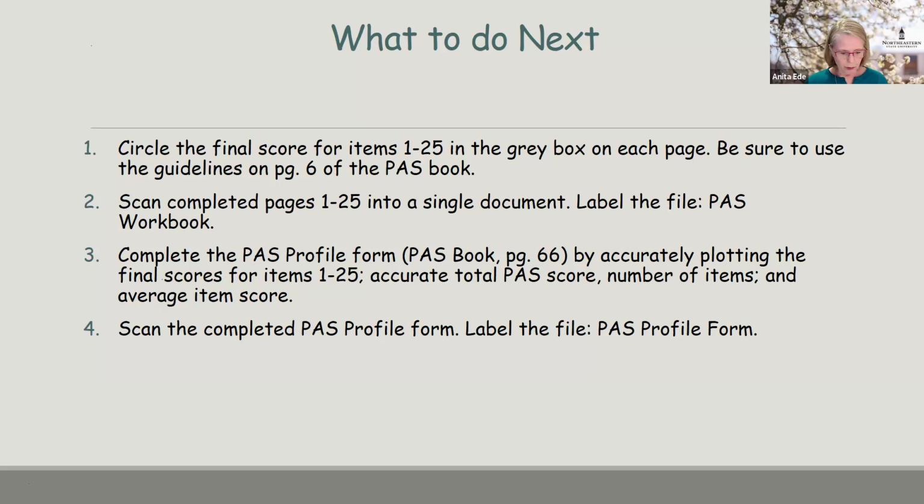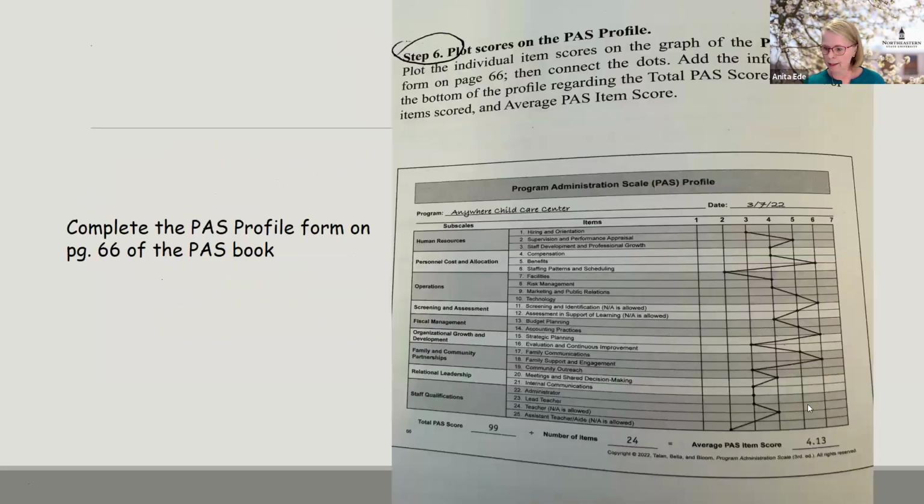So you're going to put the name of the program and the date you did your observation. And then you're going to plot out your scores for 1 through 25 on this profile form. It's going to look like that. Well, I don't know what yours will look like. That's what the example looks like.